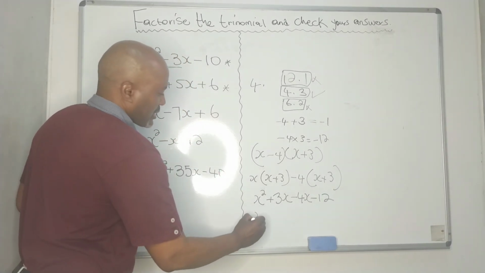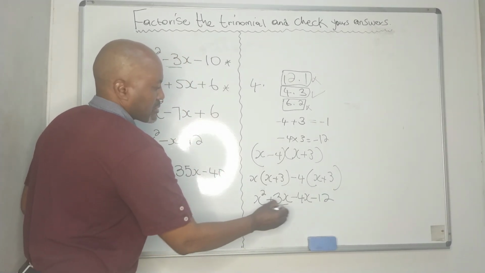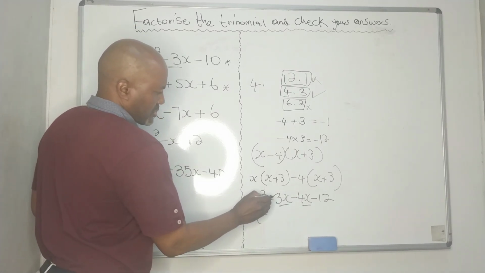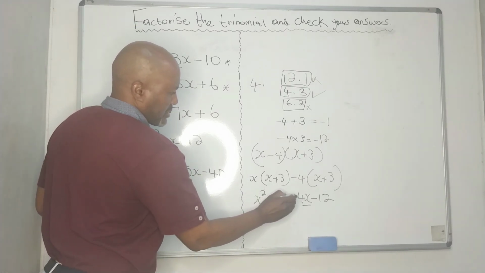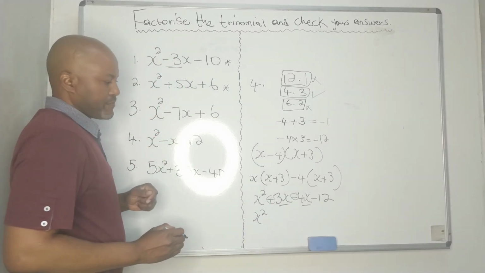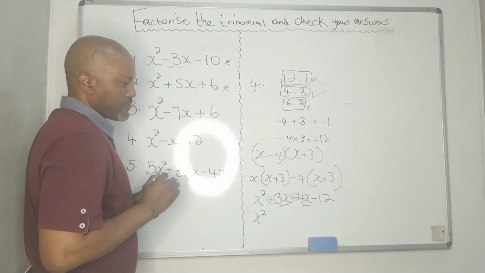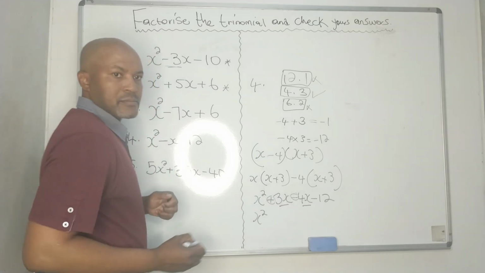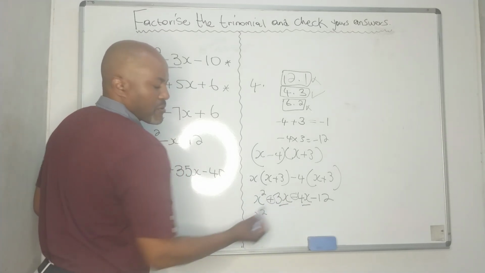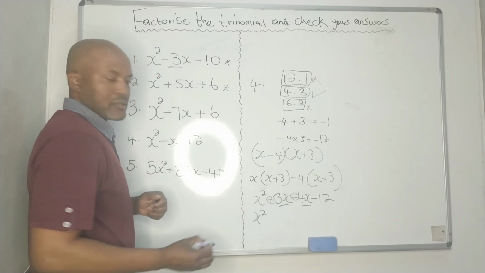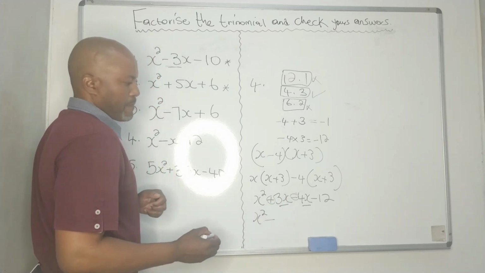Now you bring down x squared, you add the like terms. The signs are not the same. Can you see? The signs are not the same. You have to take the sign of the bigger number, which is this one, because between 3 and 4, 4 is bigger than 3. Then we are going to take this sign, which is negative.